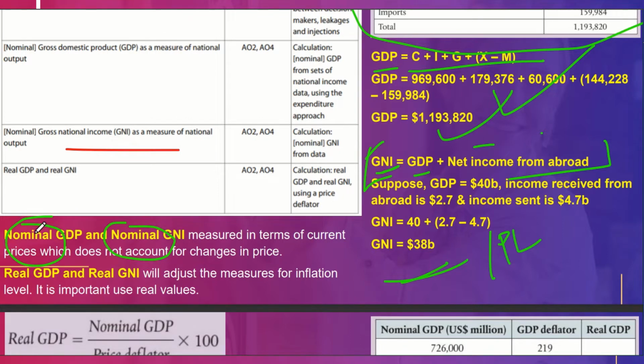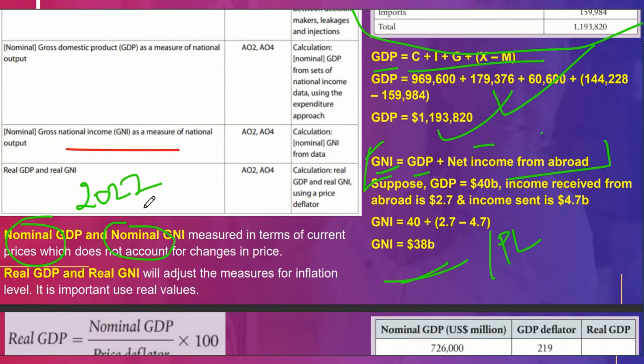Nominal GDP will be calculated based on the current year price and current year output. See, for example, in 2022, how much India produced, the volume of goods, the total output of 2022 and the price of 2022.